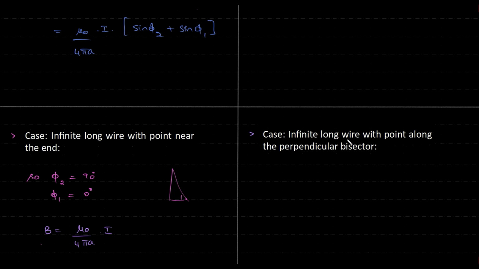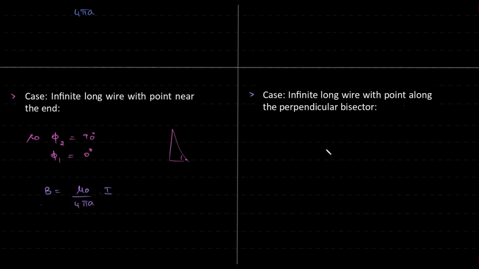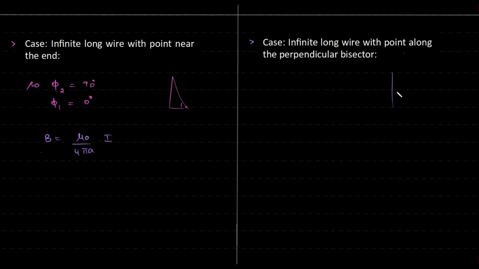Infinite long wire with point along the perpendicular bisector. So basically in the middle. If it's in the middle, these two angles have to be equal, right? So in the middle, this length will be equal to this length. This is common. How will that happen? Okay, let us write it.